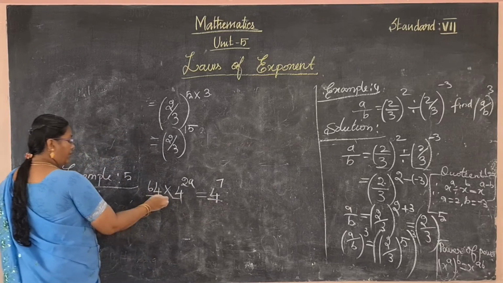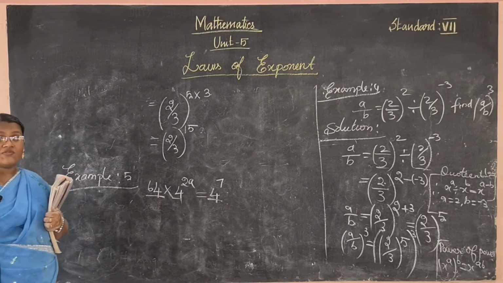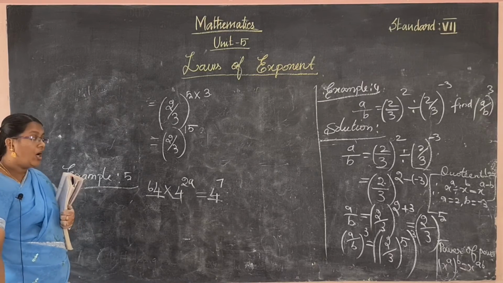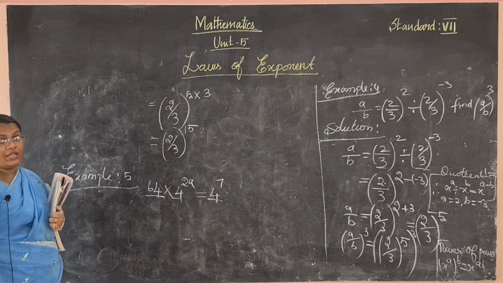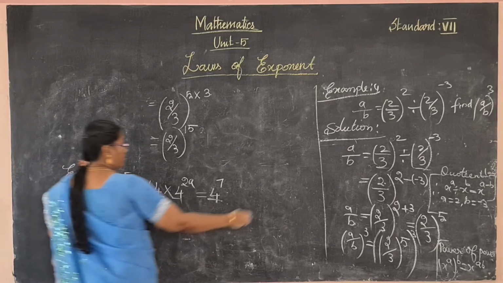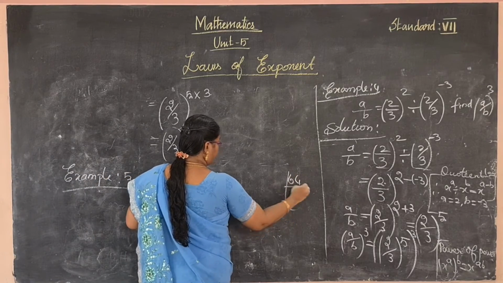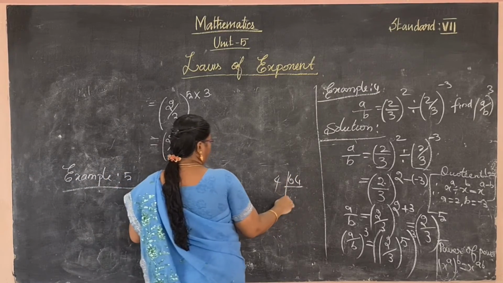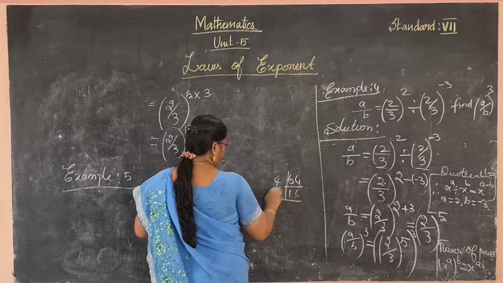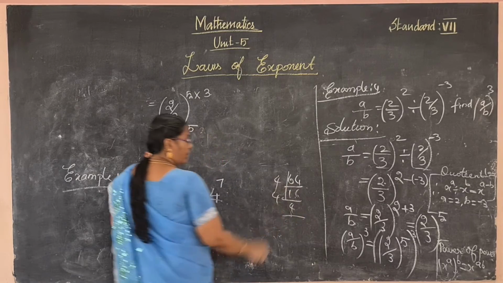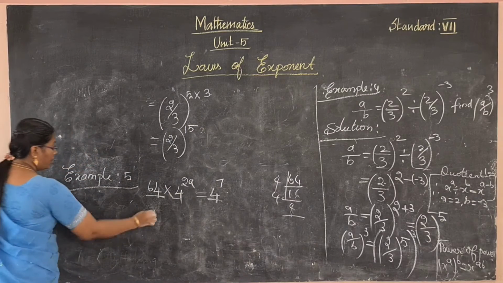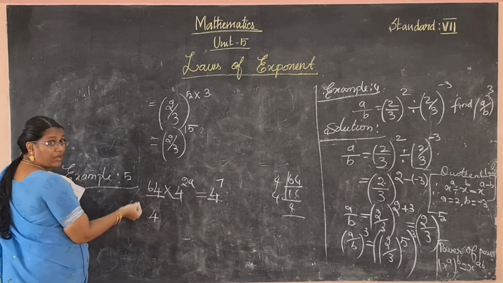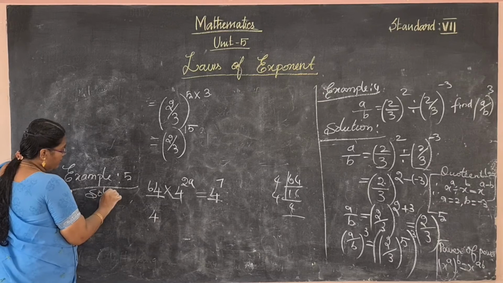Can you write 64 in the base 4? Yes. How can you write 4 power 3? Everyone knows. So 64, how can I write it? 4 times 4 times 4.